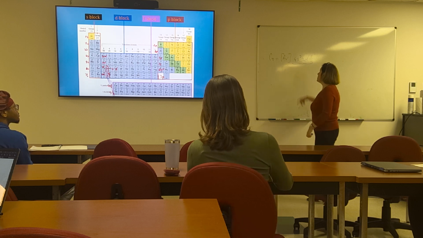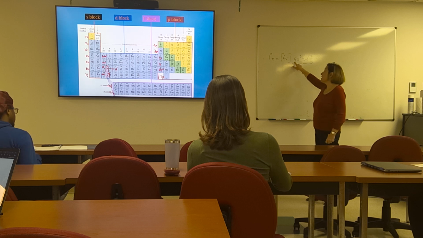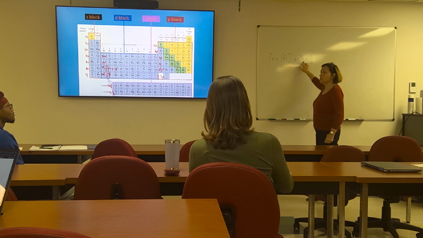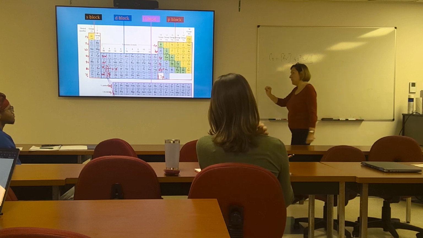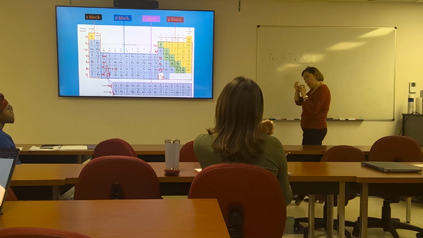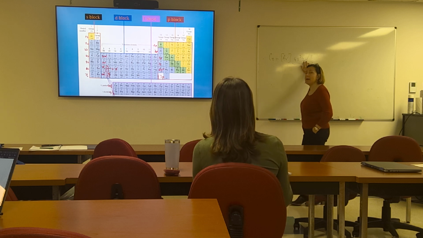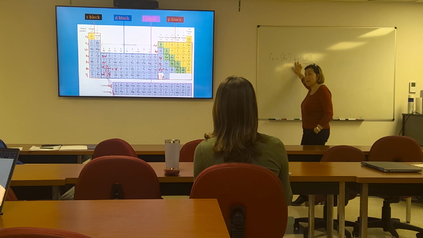Now you would say, okay, but the 4s has a higher number than the 3d. So this belongs to the 4th energy level, and this belongs to the 3rd energy level, and that is right. But in terms of energy, this is a little bit an exception. 3d level has a higher energy than the 4s.